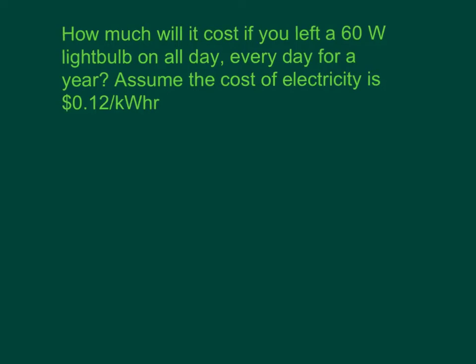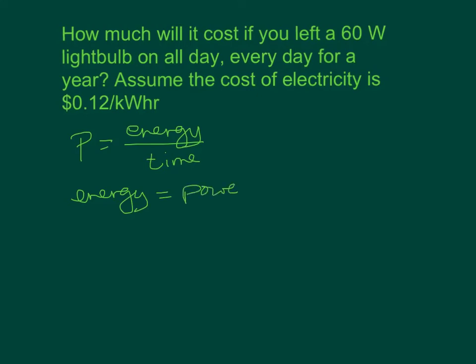And remember, power is our change in energy divided by time. So our energy is equal to our power times time. Okay, so look at the units we were given for our energy.